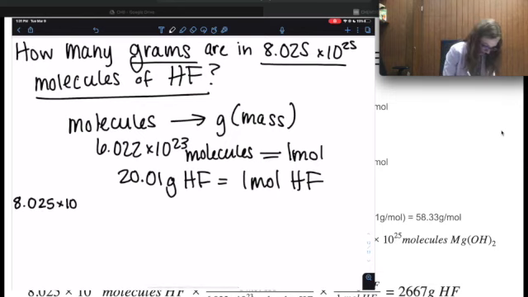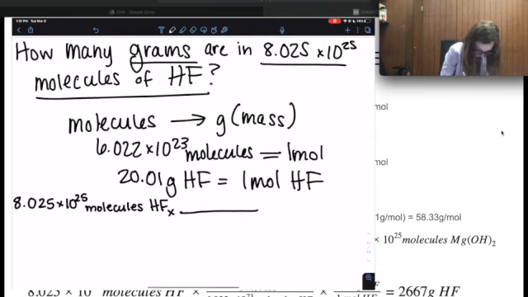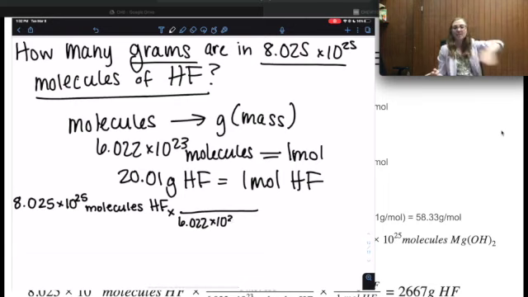So if I have 8.025 times 10 to the 25th molecules of HF, the first thing I'm going to want to do is, again, cancel out my molecules. So that means I would have 6.022 on the bottom, so that I've got molecules on top, molecules on bottom.